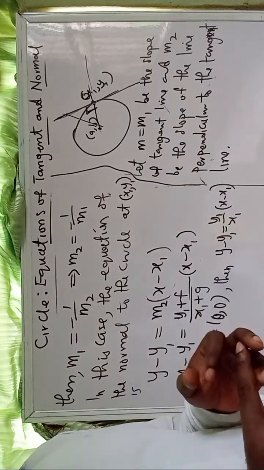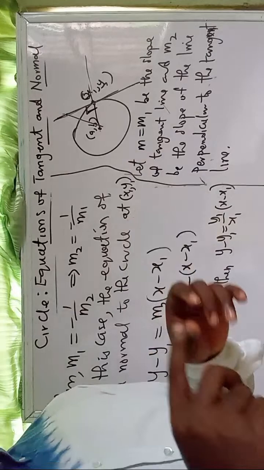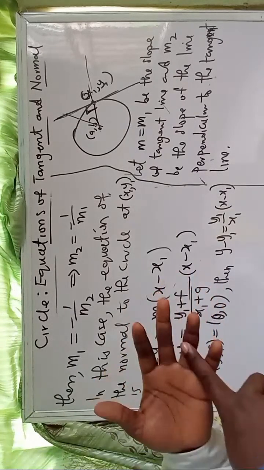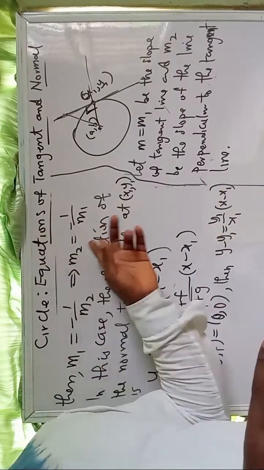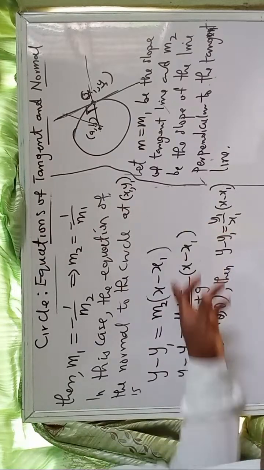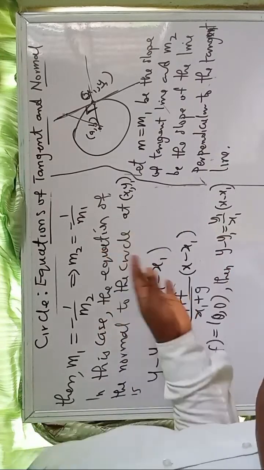Secondly, when we have a general equation of a circle whose center is not 0 comma 0, we have said we can deduce that of the tangent to be the one we gave earlier, and that of the normal will be this equation. So those are the 4 types of equation we have deduced here.